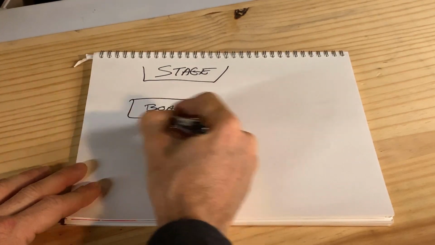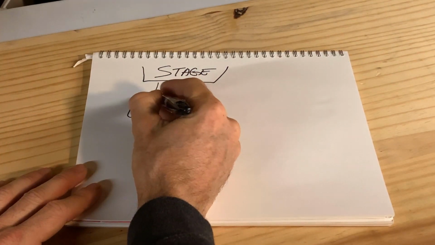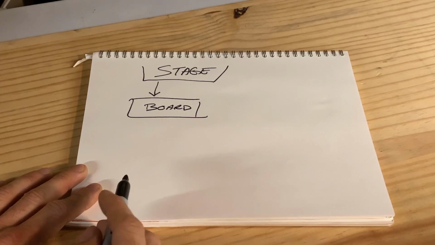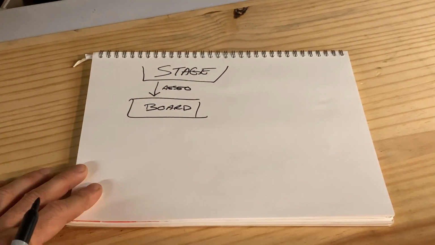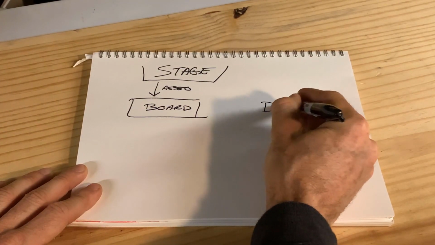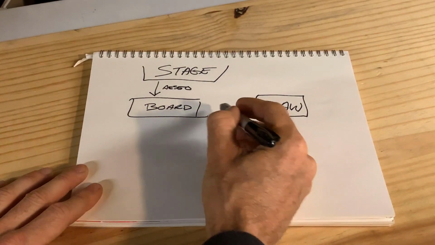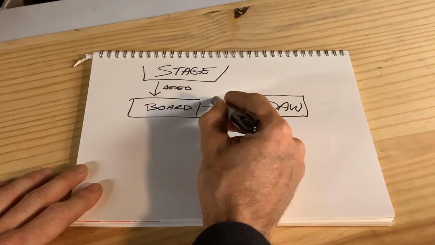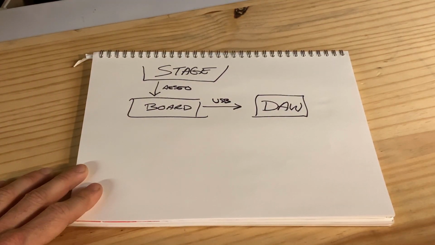In our example, it'll be the X32, and your stage is sending signal to your soundboard. Okay, for me, it's across AES 50. Now, after that, we've got a DAW that we need to get these inputs or signals into. So we're going to come across USB. For us, that USB takes all 32 channels across to the DAW.